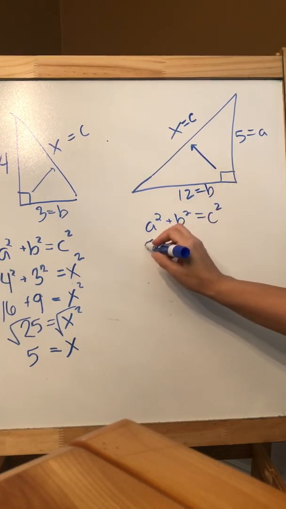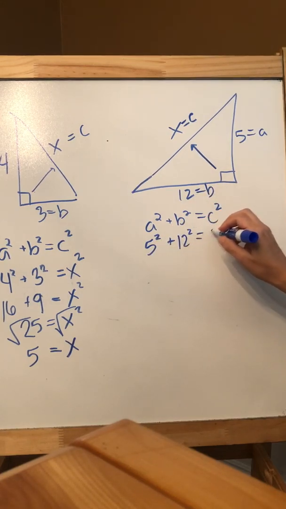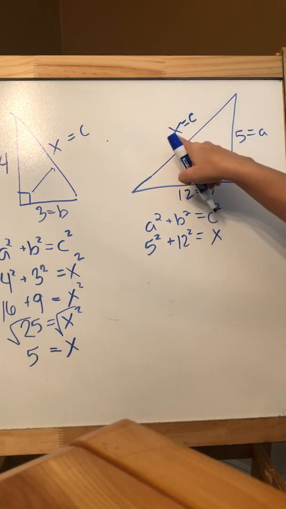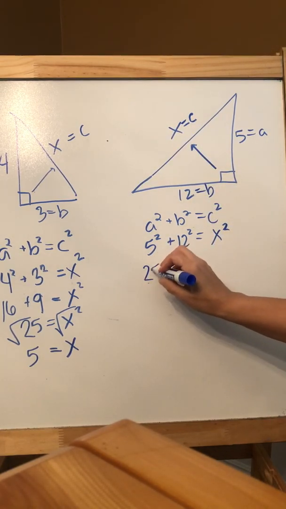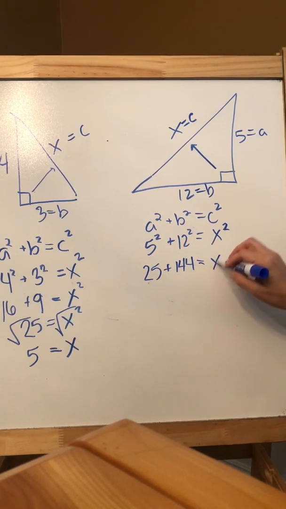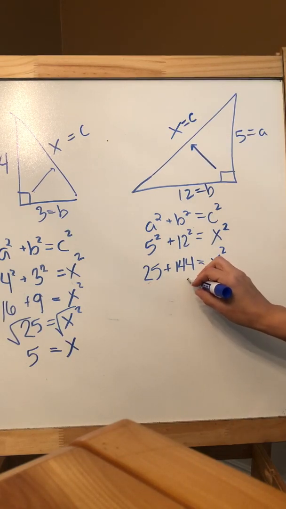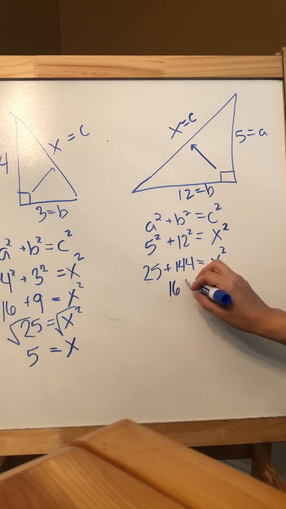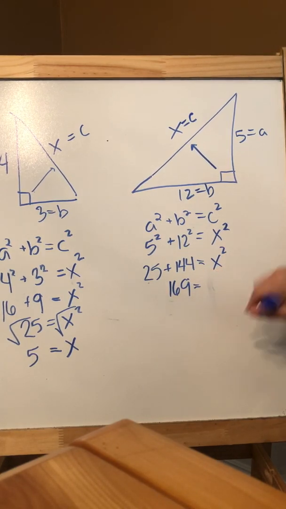What's our A? 5. 5 squared plus 12 squared equals, replace c with x, x squared. 5 squared is 25. 12 squared is 144, and that equals x squared. So we're going to add these two together now. So we're going to end up with 169 equals, whoops, I'm getting ahead of myself, x squared.